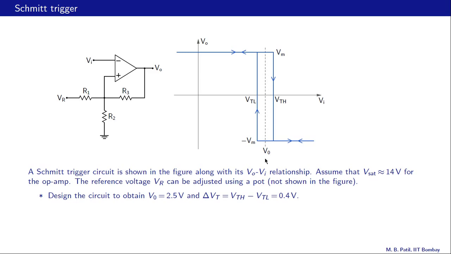This difference should be equal to 0.4 volts. And once we design the circuit, then we will simulate it and make sure that it works as we designed it. And you can also go to your electronics lab, set up the circuit and verify its operation.